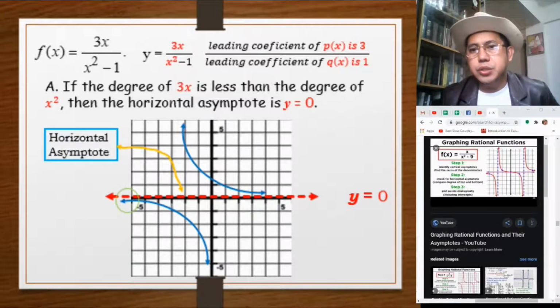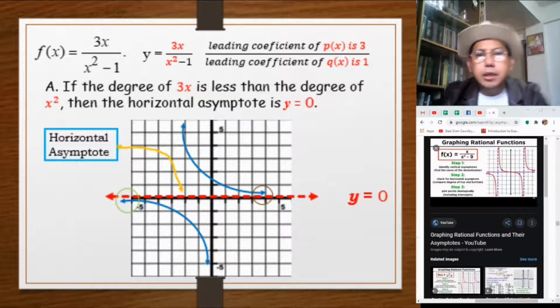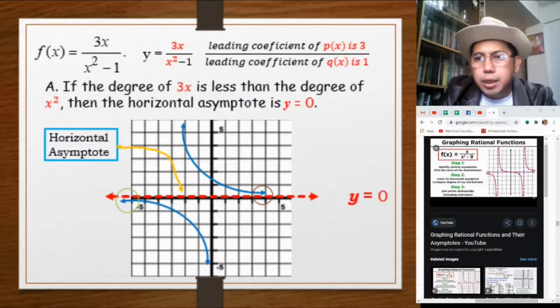You will notice that when my graph is coming from the upper part of my Cartesian plane and goes down, it will not pass my horizontal asymptote. You will notice this graph in my illustration. It is shown by my circle.